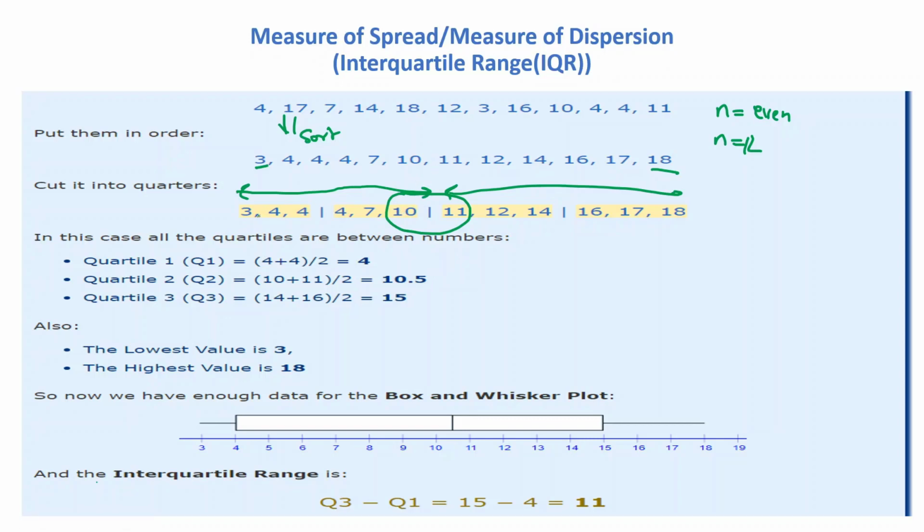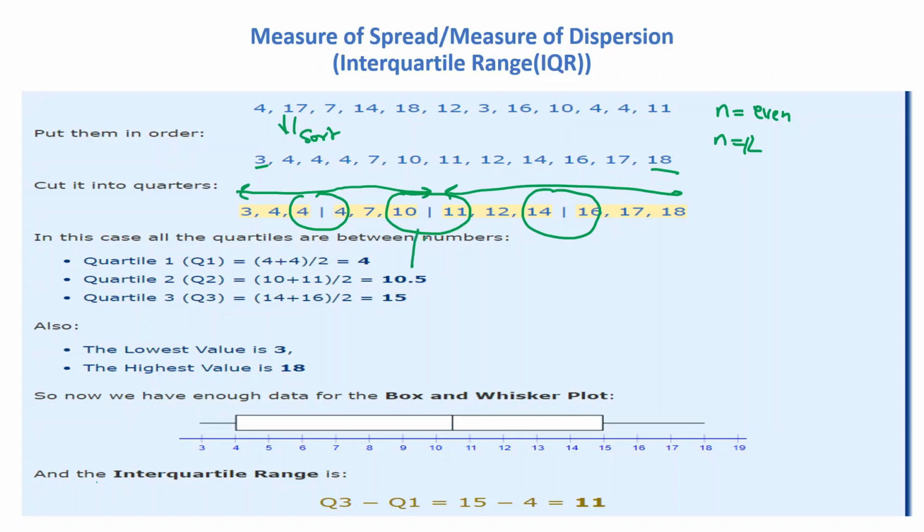We have 1, 2, 3, 4, 5, 6 on this side, a total of 6 data points. What would be the middle value of these 6 data points? The average of these 2 values. And the same here, we have 6 data points, so the average of these two values.